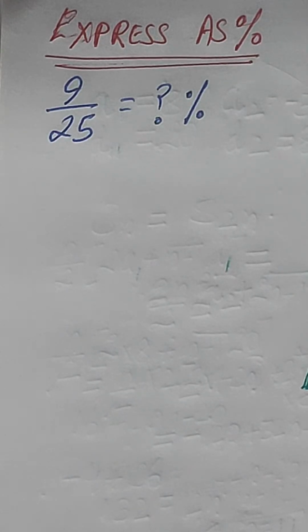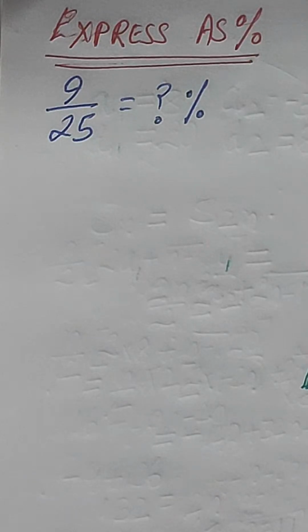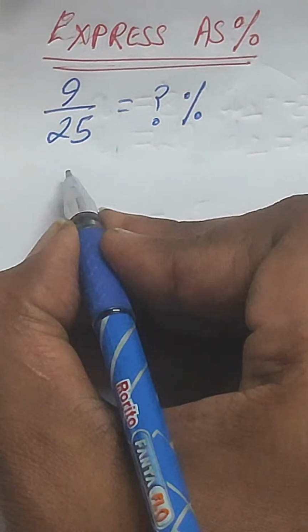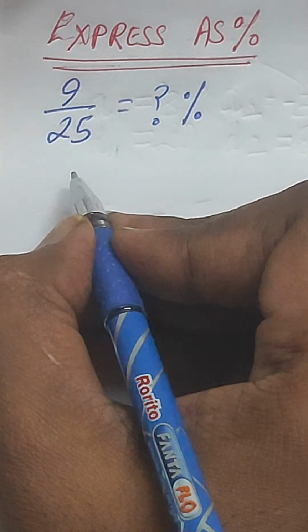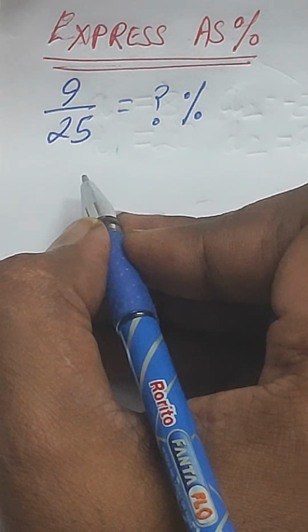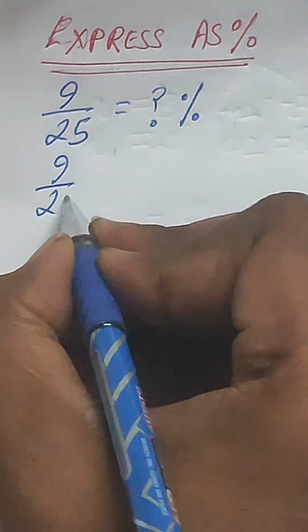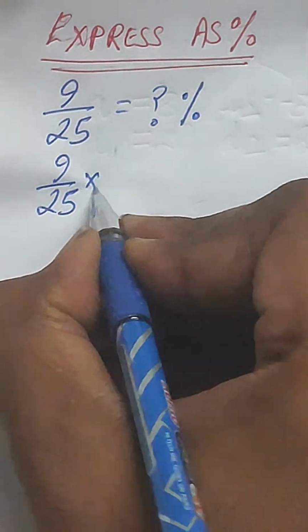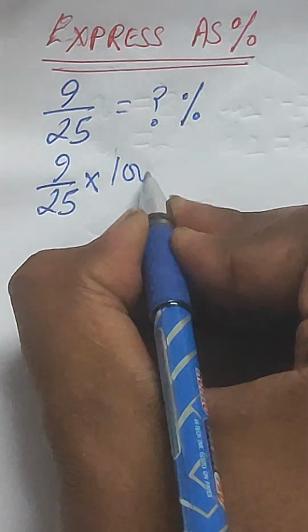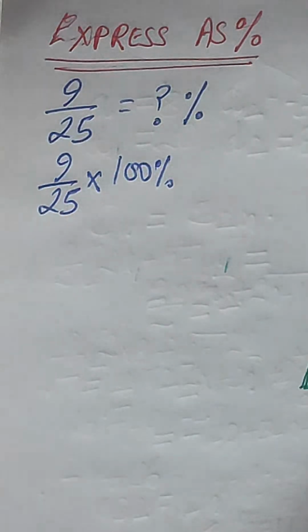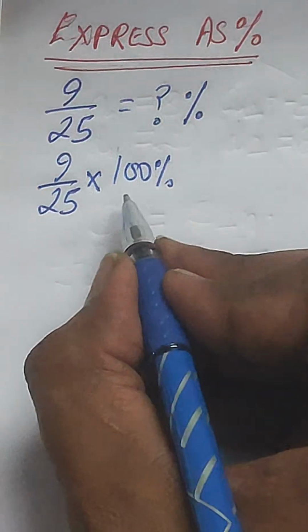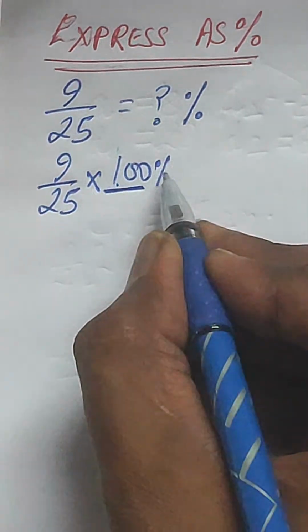Here it has been asked 9 by 25 equal to what percentage? You can see 9 by 25 can be written as 9 by 25 into 100%, as I explained to you earlier, because this 100 is 100 and this percentage is 1 by 100.